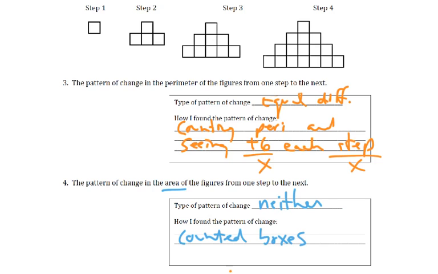We've got a picture. If we made a table out of it, we have our steps, we have the perimeter. So at 0 we had 4. At 1 we had 1, 2, 3, 4, 5, 6, 7, 8, 9, 10. And then 1, 2, 3, 4, 5, 6, 7, 8, 9, 10, 11, 12, 13, 14, 15, 16.